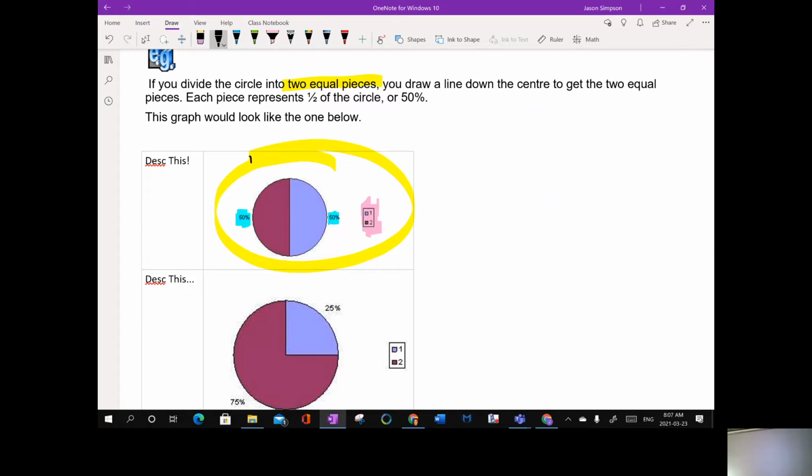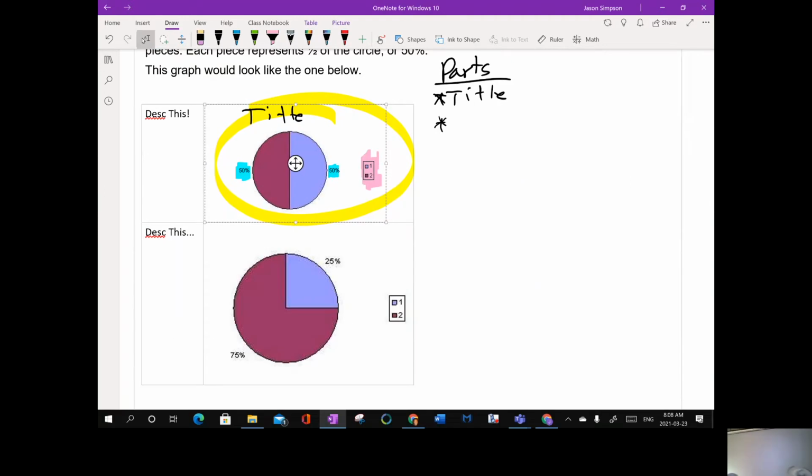Usually with a graph, there is a title. So the parts are a title, and there are wedges. And each wedge has a percent or a number that's attached to it.